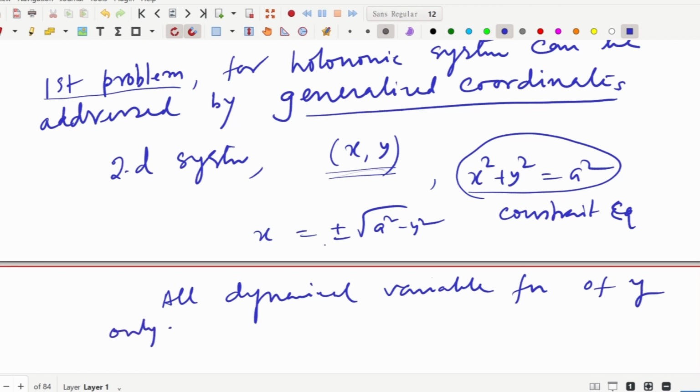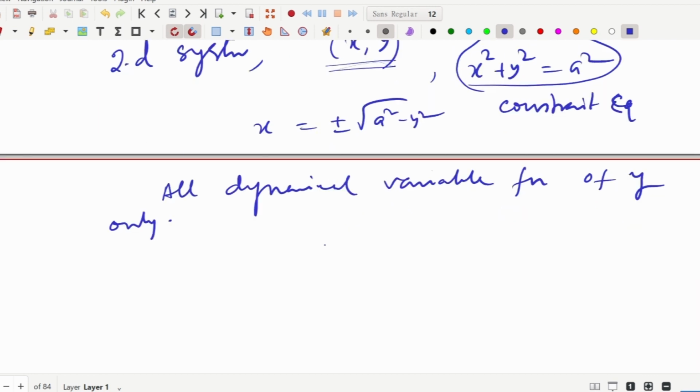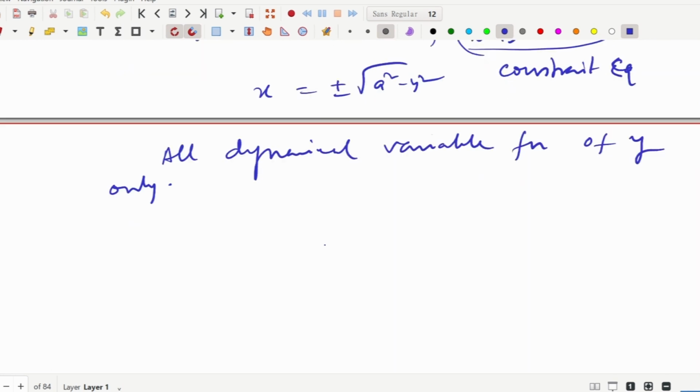So I have one variable and that variable y is independent now. This way one can get rid of the constraint and find the number of independent variables.